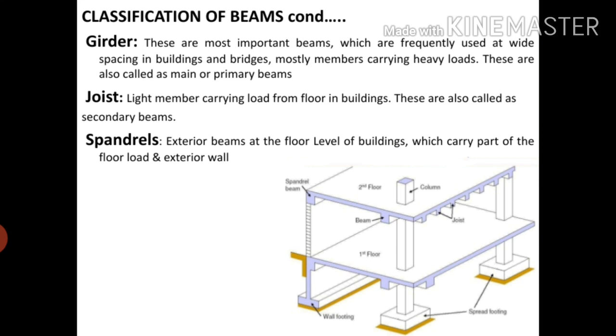The next, lintels. So lintels also act as a beam, and these are members supporting a wall over a window or door opening. Generally these are provided over a window or a door opening, which supports the wall.